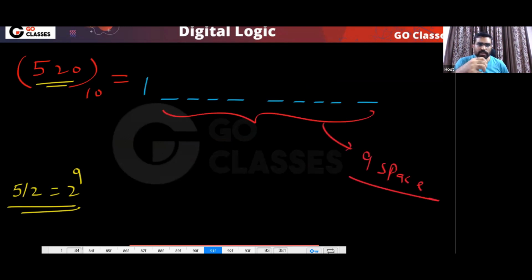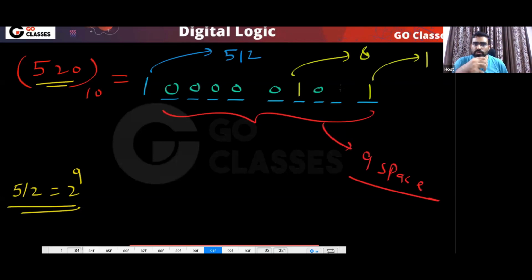You will write 9 spaces, and then how much is remaining? This one has already given me 512. I only want 9. For 9, I can write 8 and 1. Very simple. And the remaining are all 0s.